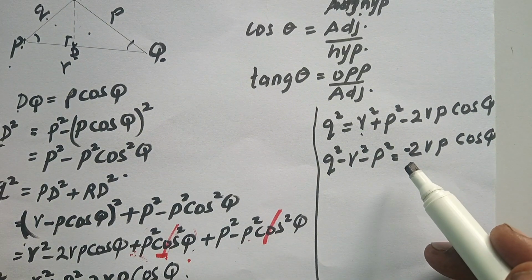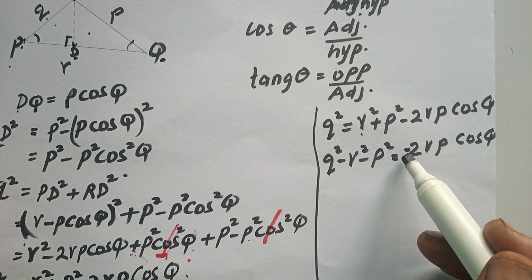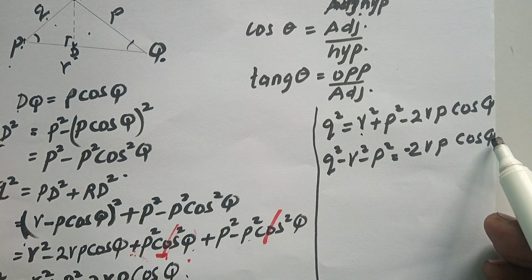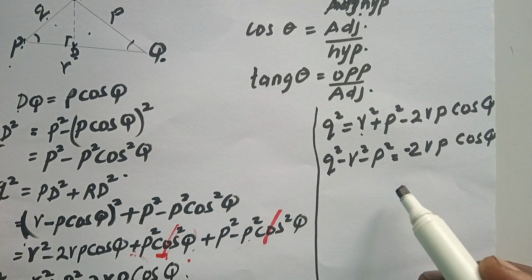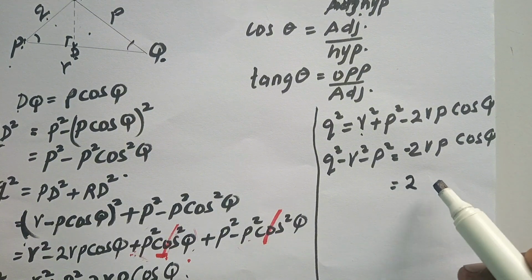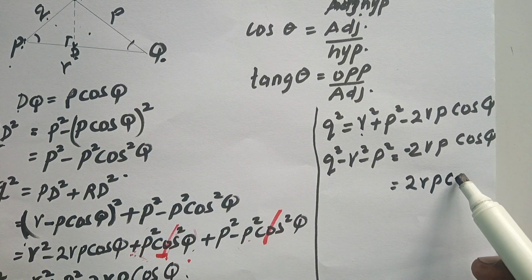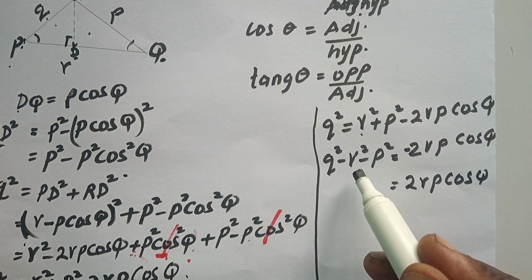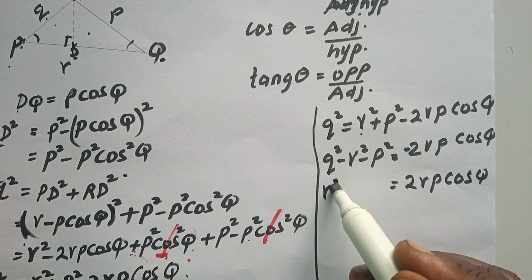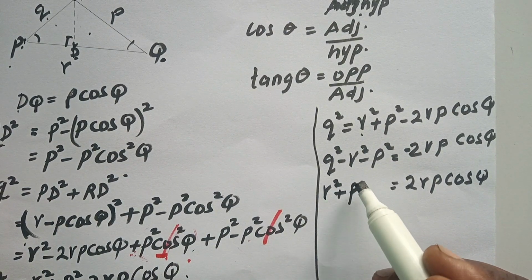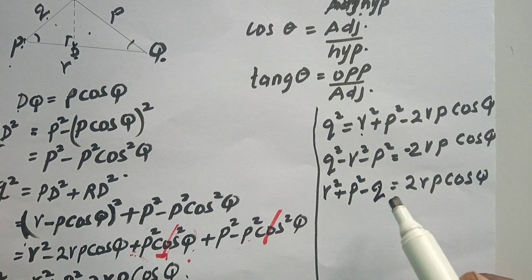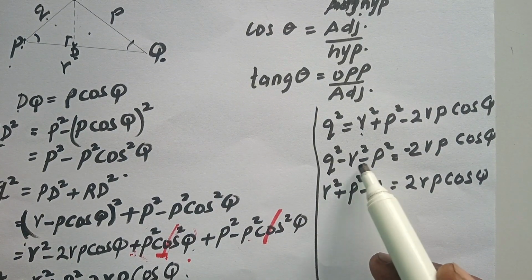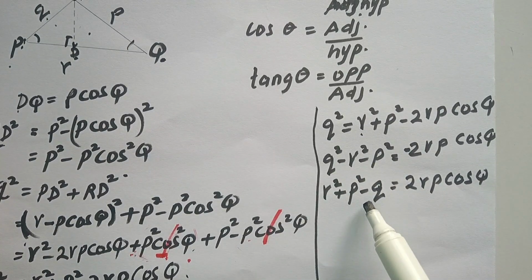It is normally advised that we should not leave a negative number in front. So we multiply this side by a negative, this side by a negative. So we remain with 2RP cos Q is equals to R squared plus P squared minus Q squared. Because if you multiply this by negative, these two change, the Q remains.